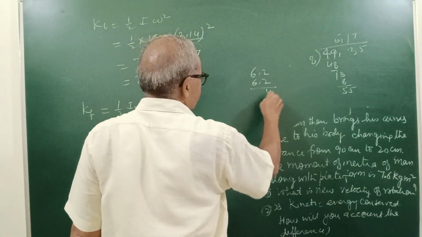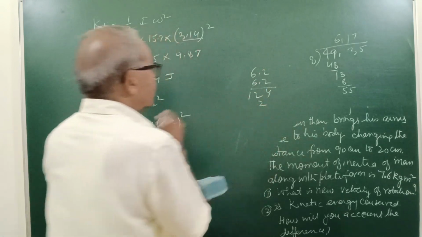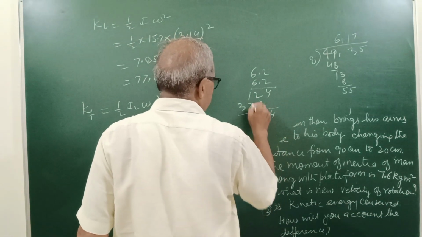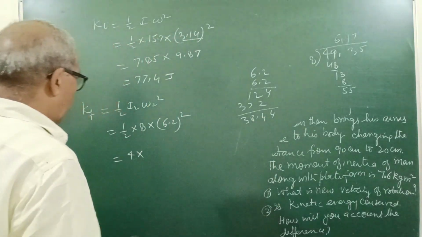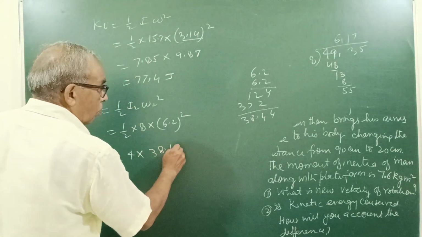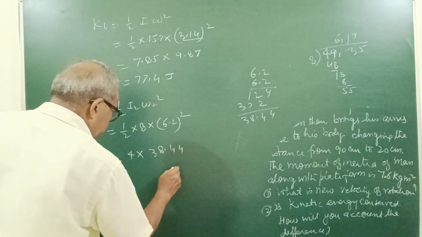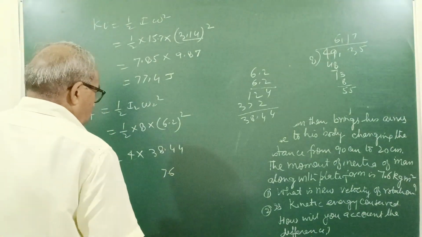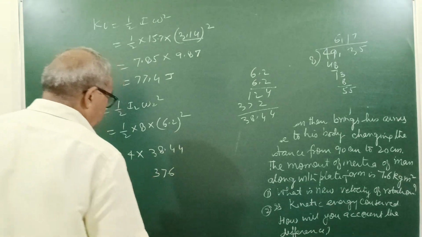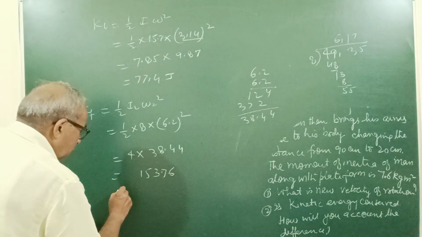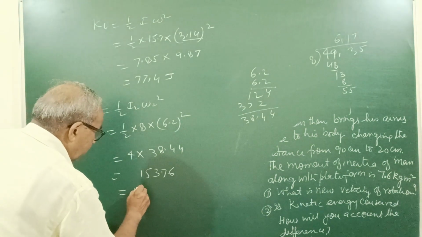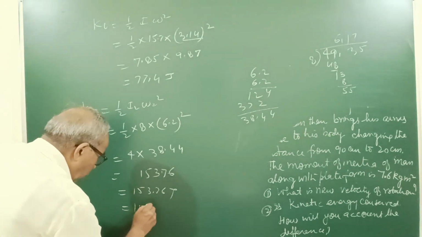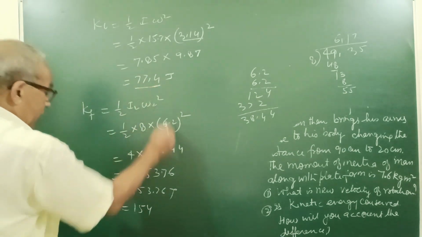Don't hesitate in multiplying. 6 times 6 is 36, 37, 4 times 4 is 16, 38.44. So 4 times 38.44, nearly 153.76 joule. So it is very much greater than this.